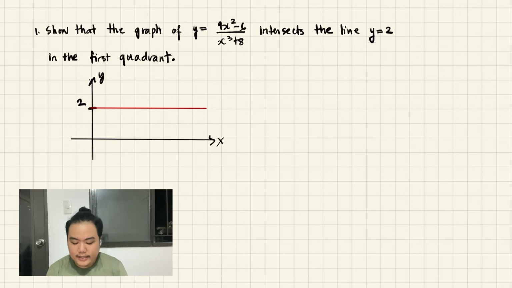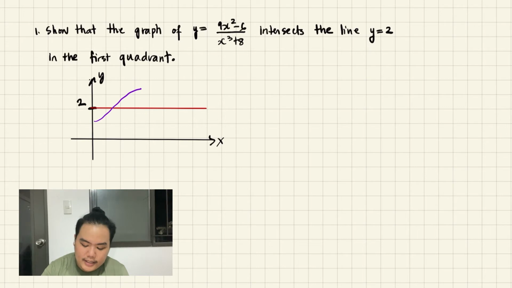So, ibig sabihin, kailangan natin maghanap ng tamang interval for which yung function mo pwedeng paganyan yung itsura or pag ganun yung itsura para sure ka na mag-i-intersect siya. Okay? So, kunyari lang ito yung portion ng graph ng function natin, na rational function.